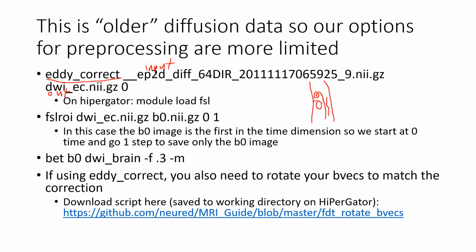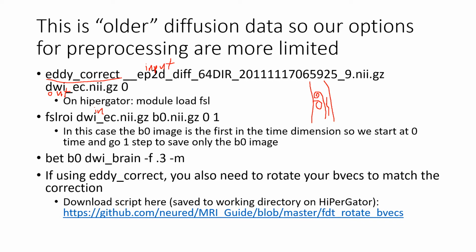So eddy correct is our first tool that we run, and the next one is a software called fslroi, and what this is going to do is pull off from our diffusion image the B0 image. We want this as a separate image. We have our input, which in this case was our output in the previous step. So we give it input, we give our output. I'm calling it just B0 because now it's going to be a single volume.